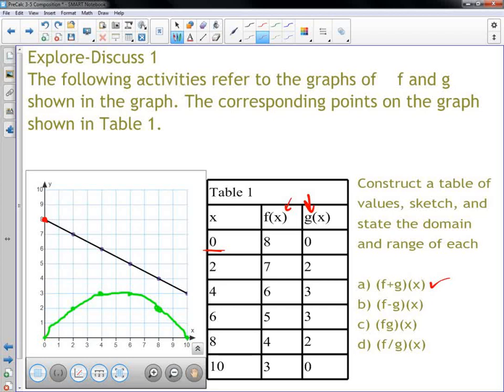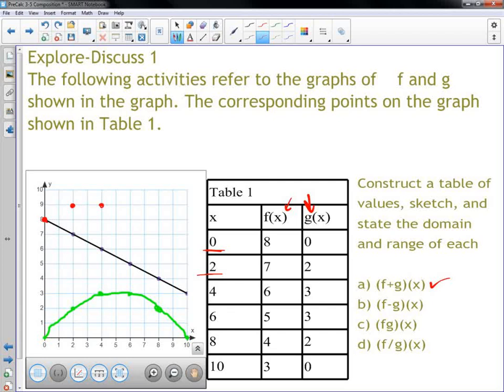What about x is 2? x is equal to 2, we get... f plus g of x is going to be what? What's my y value going to be when x equals 4? 9 again.